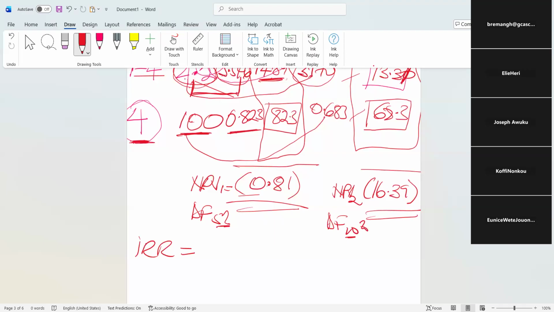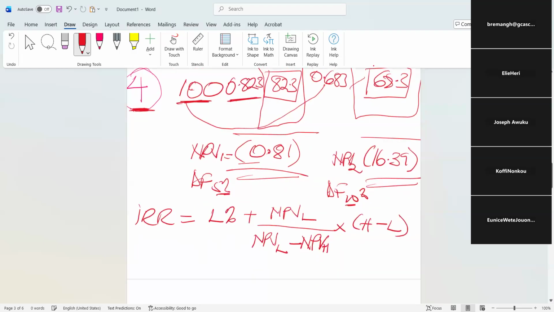The formula of internal rate of return is the lower rate, plus the NPV of the lower rate all over the NPV of the lower rate minus the NPV of the higher rate, times the higher rate minus the lower rate.